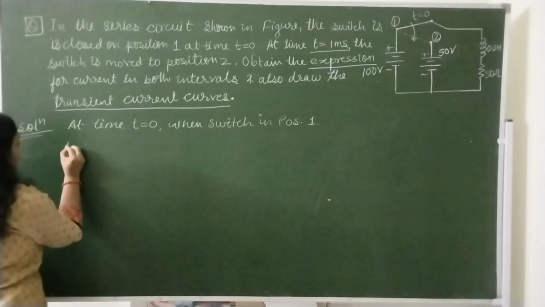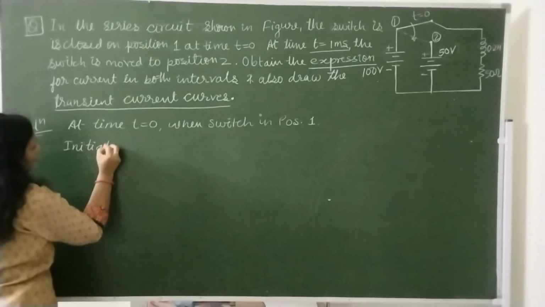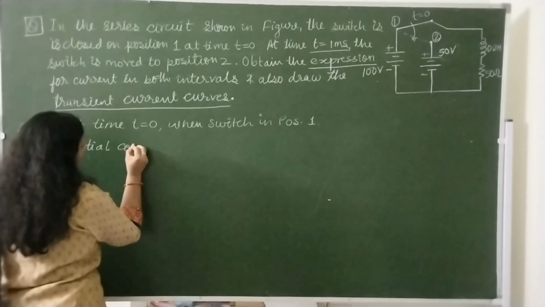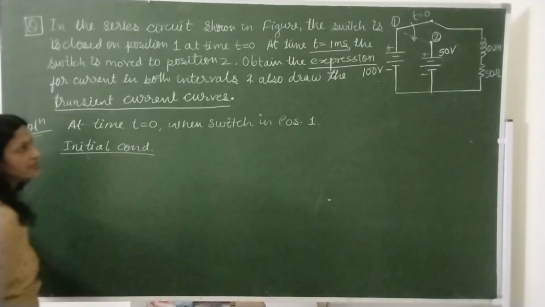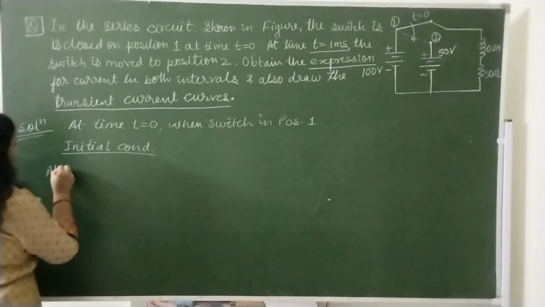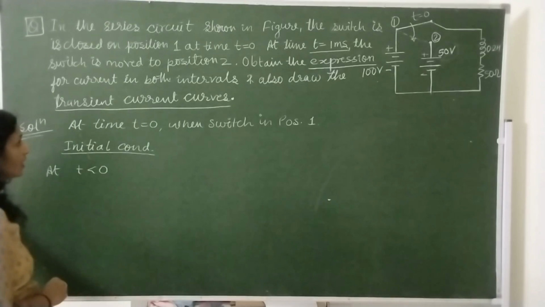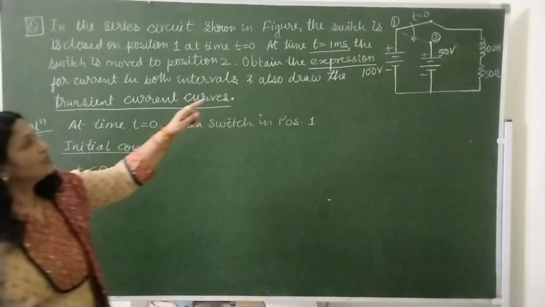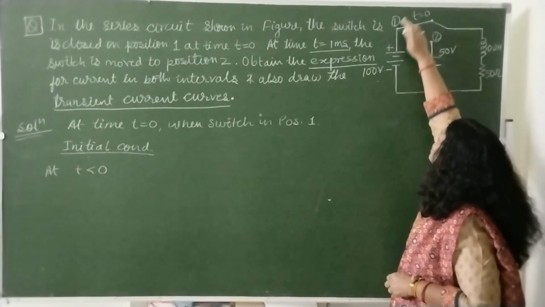So first we will find the initial condition for this circuit. For the initial condition we will consider the circuit at time t less than 0. At time t less than 0, this switch is not connected and it is open.